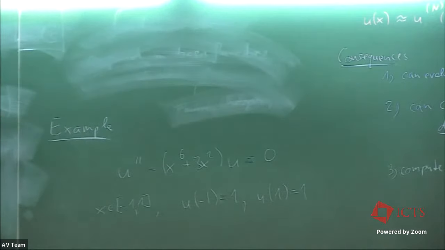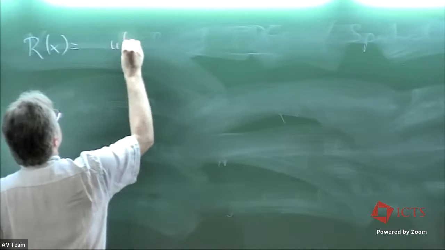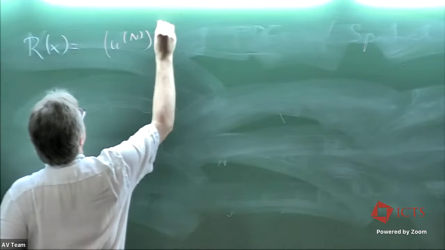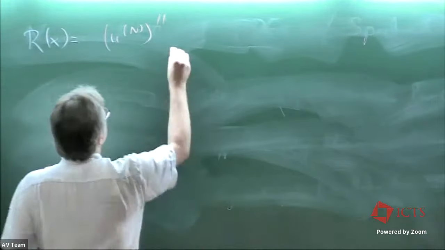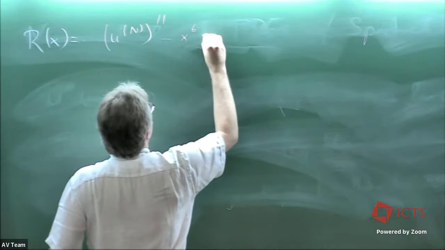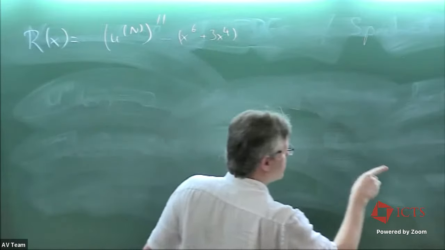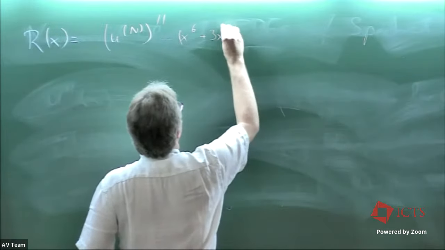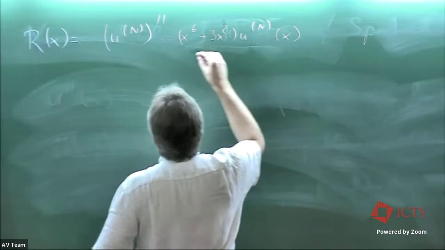So the residual is obtained by substituting our approximate solution into the original equation. So it will be something like x.